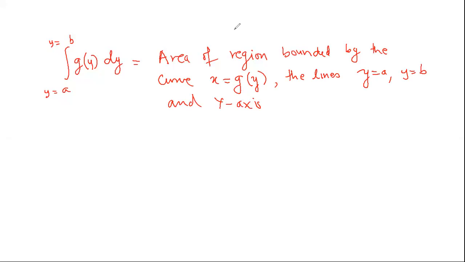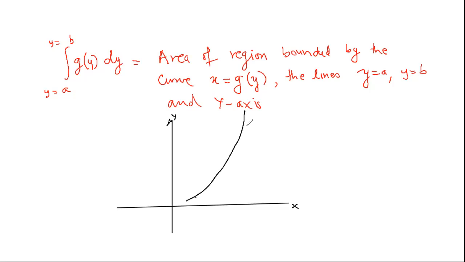So you will draw like this: x-axis and y-axis. So this is my x-axis, the y-axis. Imagine the curve x equal to g of y.